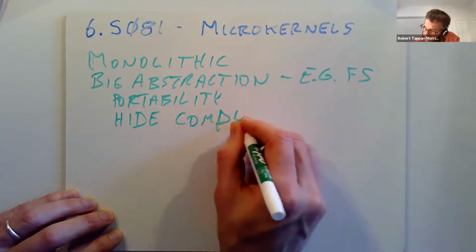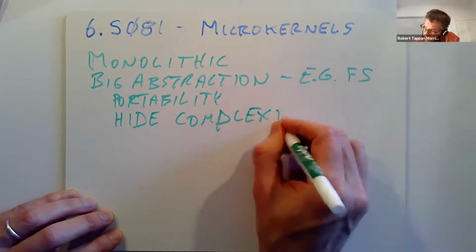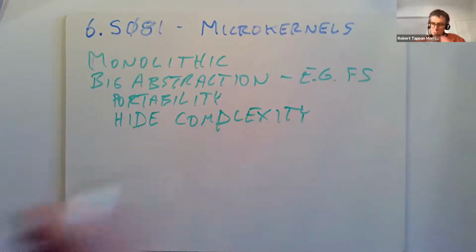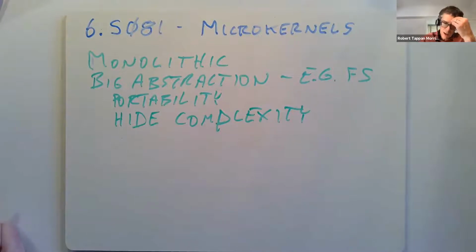For example, the file descriptor interface that XV6 provides is a very simple interface, just read and write on file descriptors. But behind it is some very complicated code for actually reading and writing the file system on disk. And so that's nice for programmers, but it makes for a big complex kernel.